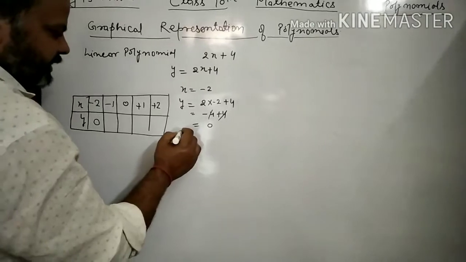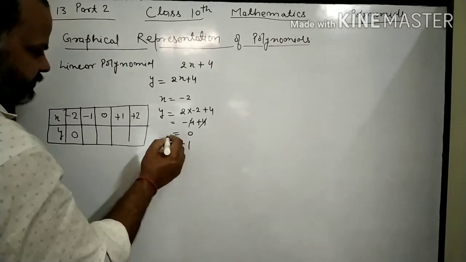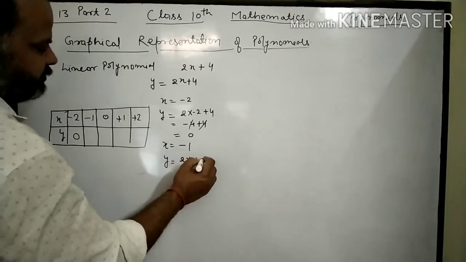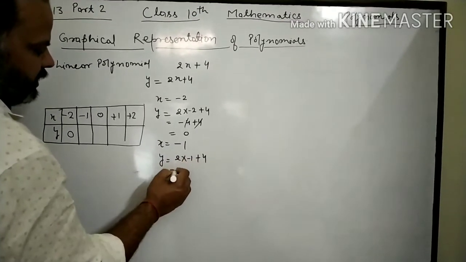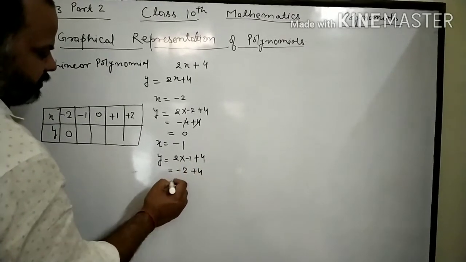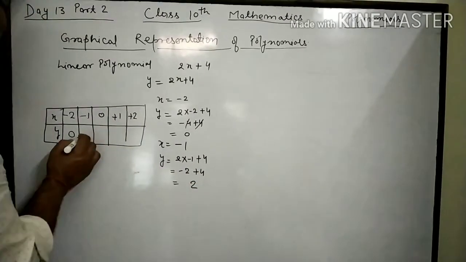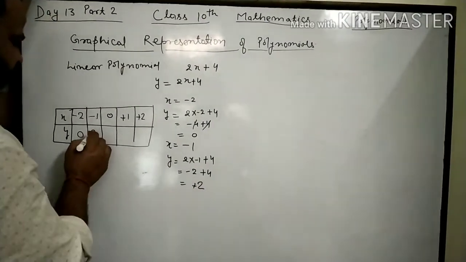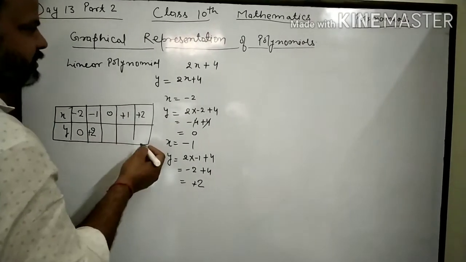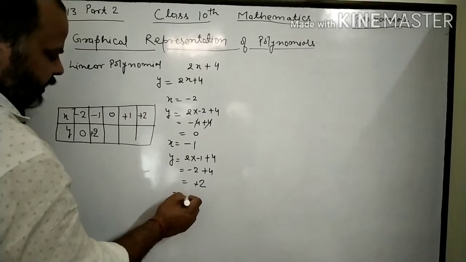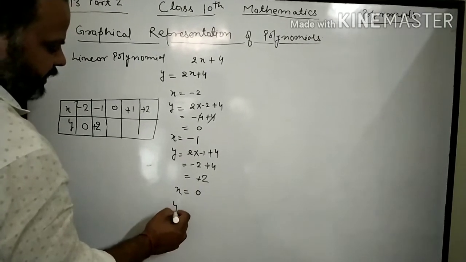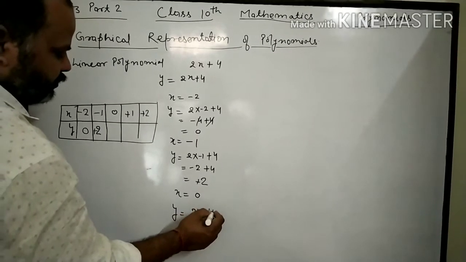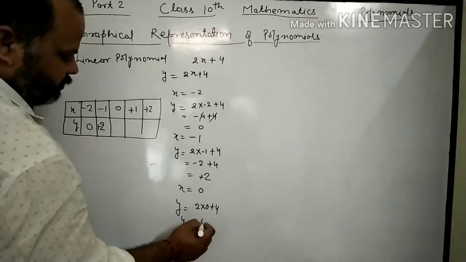Then x is equal to minus 1, then y is equal to 2 into minus 1 plus 4, minus 2 plus 4, it is 2. Again x is equal to 0, then y is equal to 2 into 0 plus 4, it means y is equal to 4.